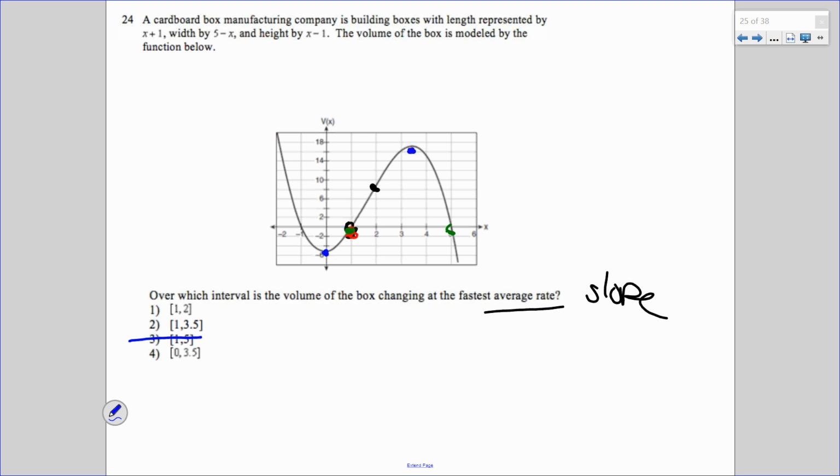Yes. I believe that the steepest part of this graph is the black, which is from 1 to 2. If I'm wrong, well, I should probably spend more time going through each one, which you should do in your test. But this, to me, seems like the steepest part of the graph. It curves after that. But again, you could always do the same thing we did in question number 20. All right, on to the open responses.